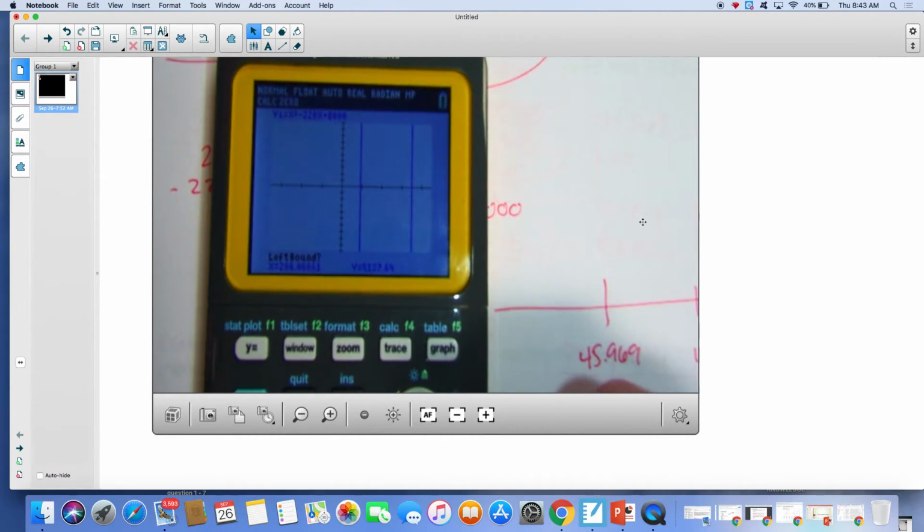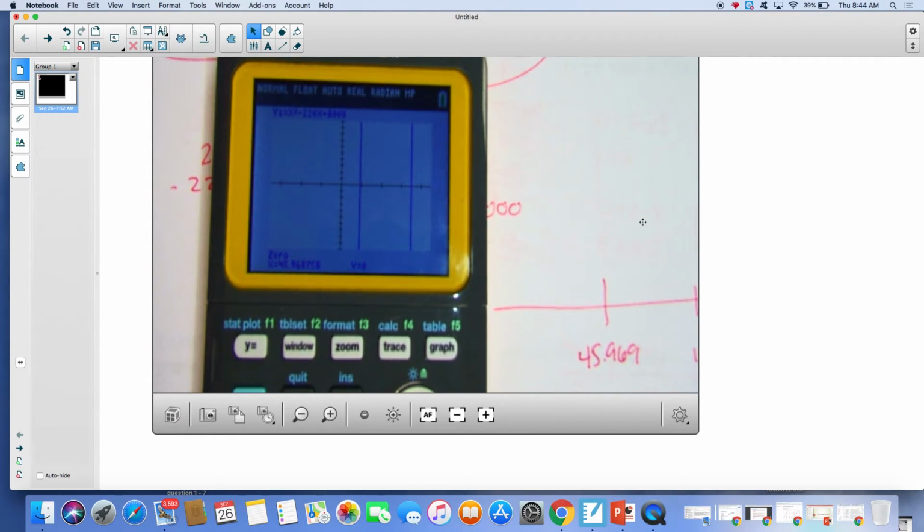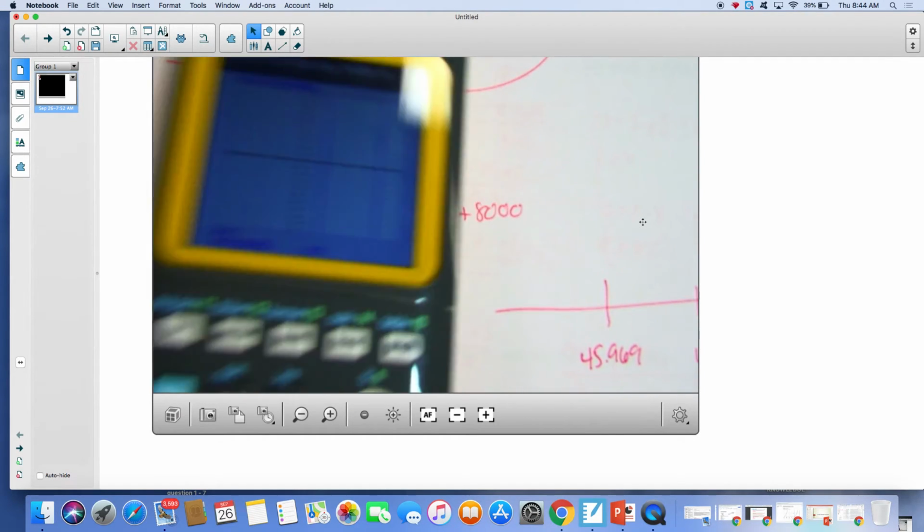I think it's just skipping over it because it's so steep. Mine's doing really funky things. Mine's doing that too. So we'll worry about that later.